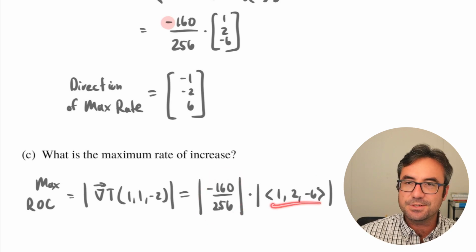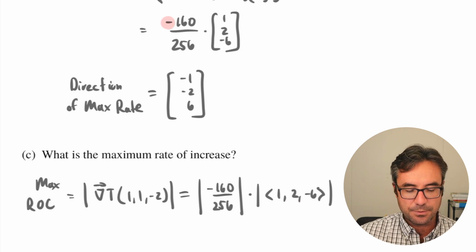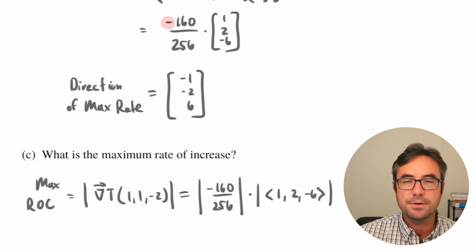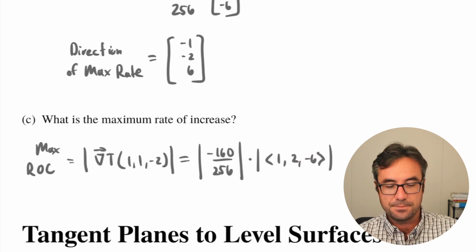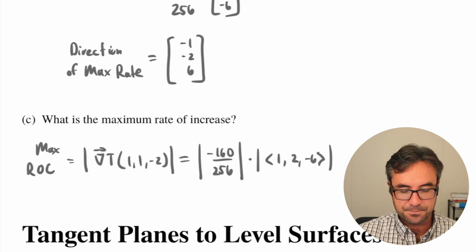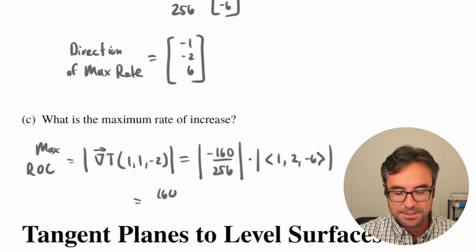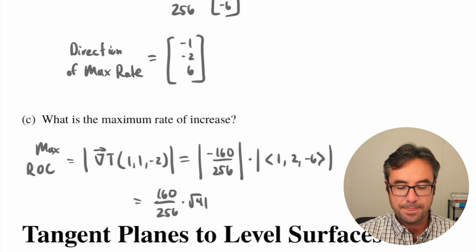And so this vector, it's not too bad. We square everything up and add it and put it under the square root sign. So 1 plus 4 plus 36, add that up, we get 41. So the length of this vector is square root 41. So we end up with 160 over 256 times square root 41.